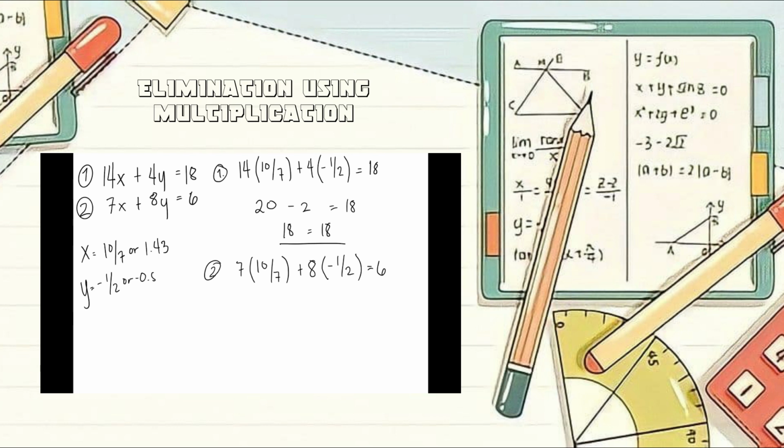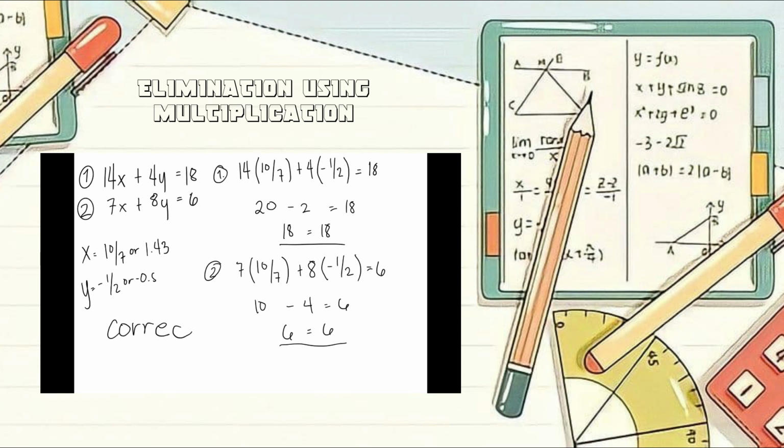So 7 times 10 over 7 is 10, and 8 times negative 1/2 is negative 4, equals 6. So now let's solve it. 10 minus 4 is 6, equals 6, which are the same value. X and Y is correct.